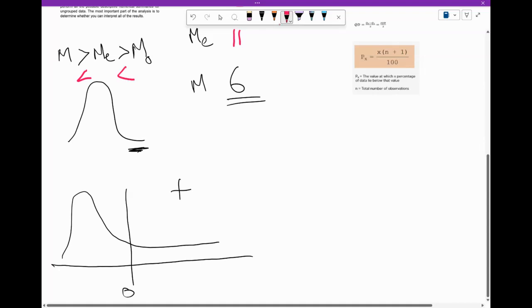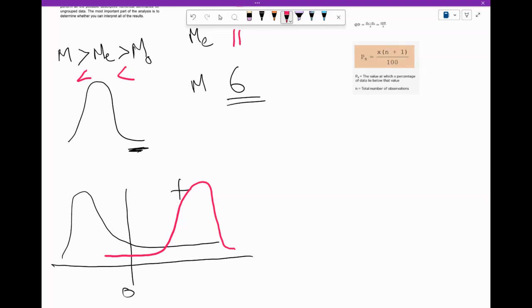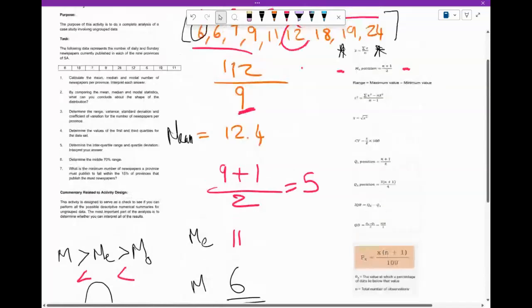So in other words, if your mode was greater than your median and was greater than your mean, then we would have the opposite distribution, which means that it would now be negatively skewed. So if I try again, you see your tail is then on the negative side, left tail. Okay, right. Anyway, enough about that.